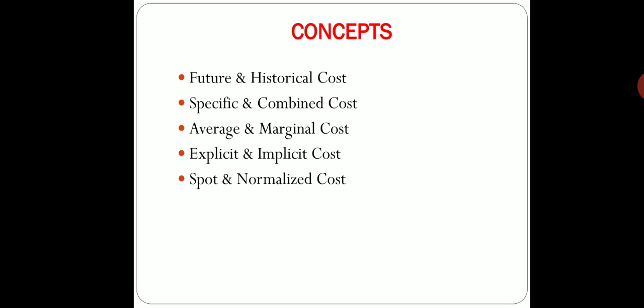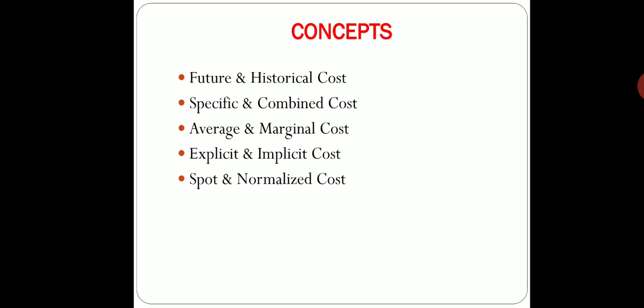The name itself suggests: future cost means the cost which the company will bear in the near future, and historical cost is the past cost that the company already paid for a specific investment purpose or for a specific capital purpose.